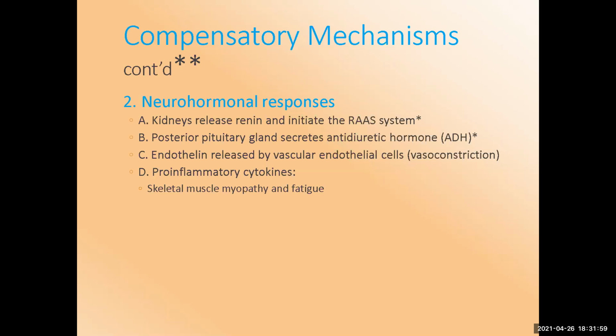The second mechanism that happens is the neurohormonal responses. So as the cardiac output falls, blood flow to the kidney decreases, and the kidney senses this as decreased overall volume, and it kicks in the RAAS system, which converts the angiotensinogen to angiotensin 1, which subsequently is converted to angiotensin 2.